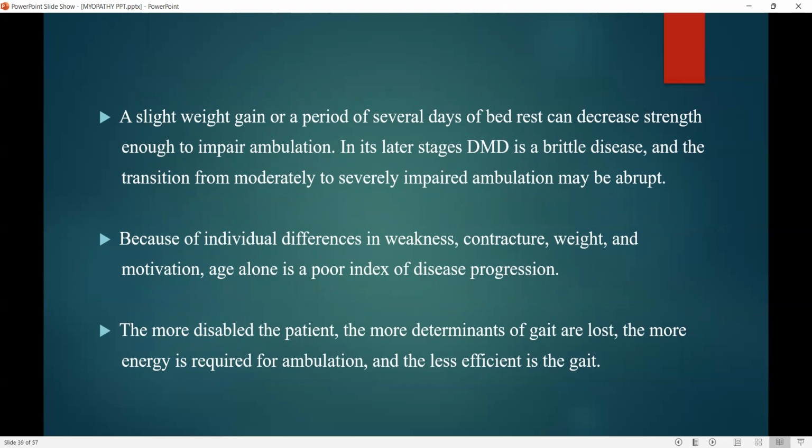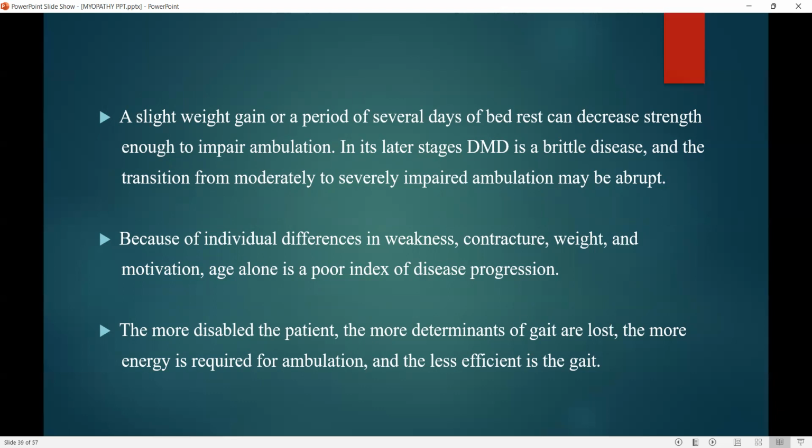In its later stage, DMD is a brittle disease, and transitions from moderately to severely impaired ambulation may be abrupt because of individual differences in weakness, contracture, weight, and motivation. Motivation alone is a poor index of disease progression.